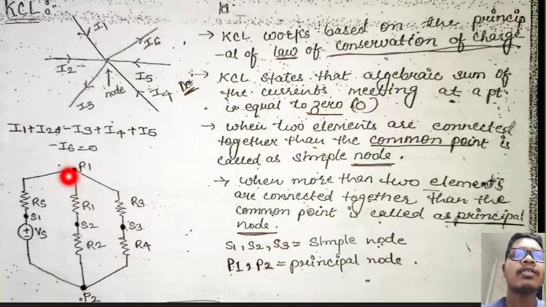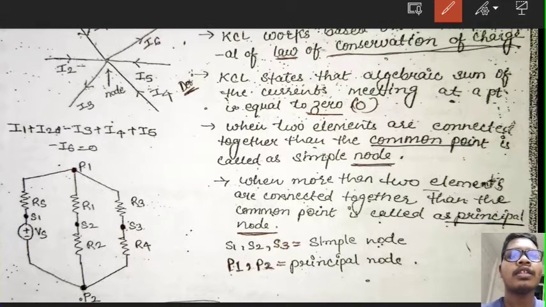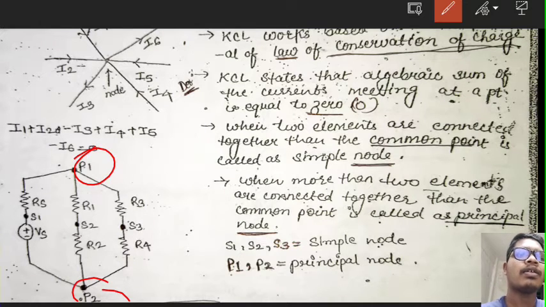So this P1 point is called a principal node. These S1, S2 and S3 points are called simple nodes, which is why I am denoting them S1, S2 and S3, while this node and this P2 node I am denoting as principal nodes.